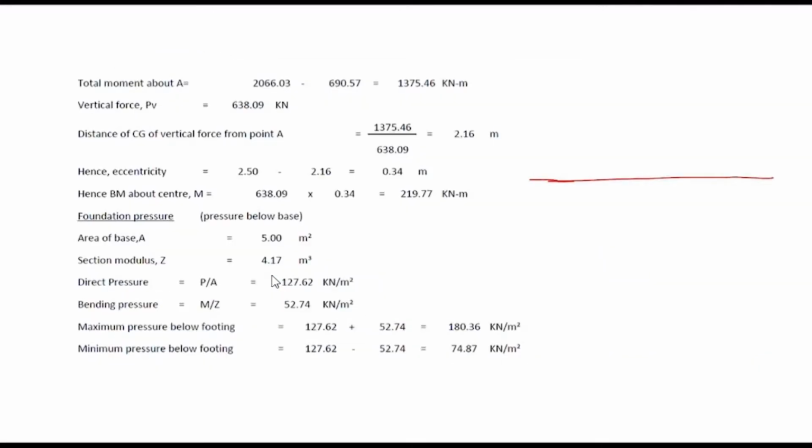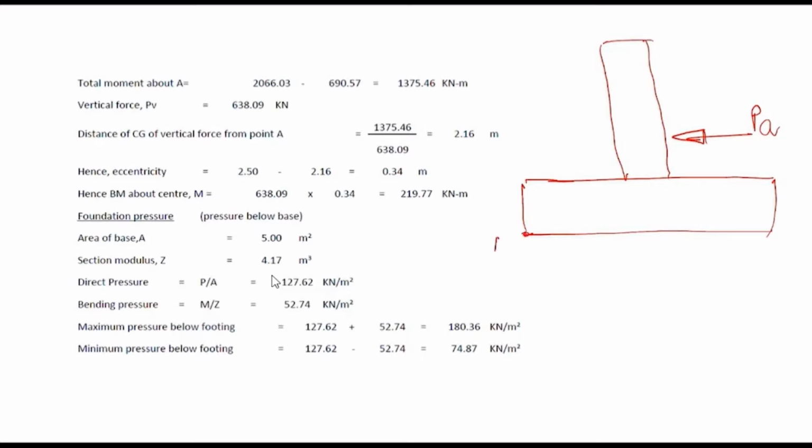So this is the retaining wall. We have calculated this pressure PA. This is the point A. We have calculated the bending moment about point A due to this active pressure and due to the weight of this filling, surcharge, and the weight of the retaining wall. Now suppose this is 5 meter.